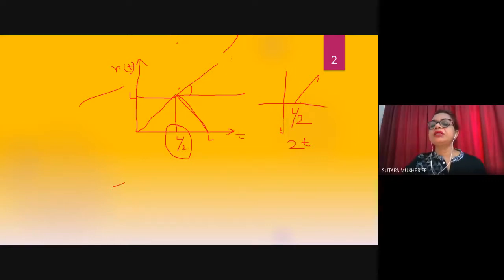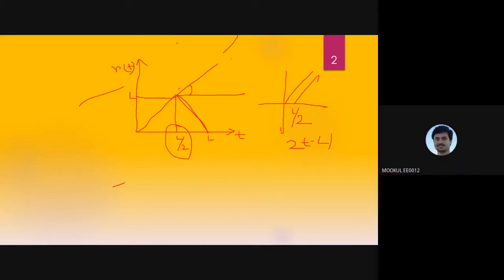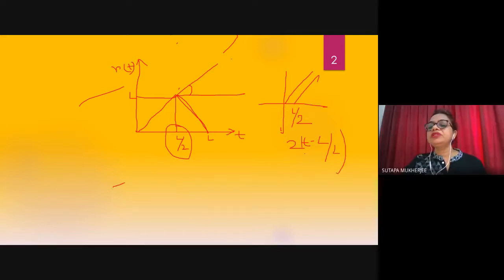If this ramp starts from this one, not starting from that one, but is shifted by L by 2 in time, then what do we write? T minus L by 2. Yes, ma'am. So this is the slope, and T minus L by 2, definitely T will be there.